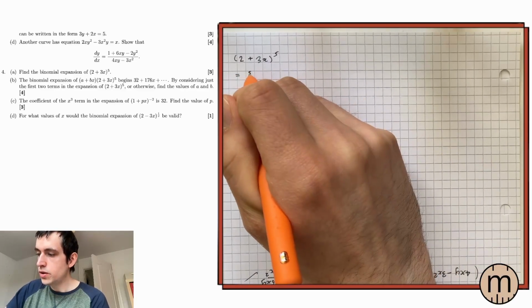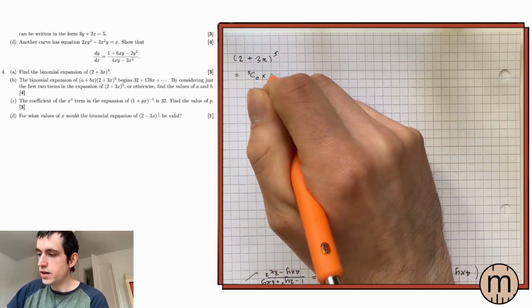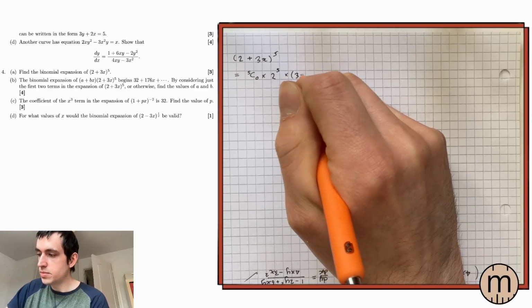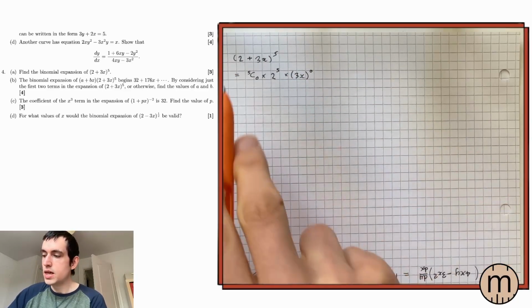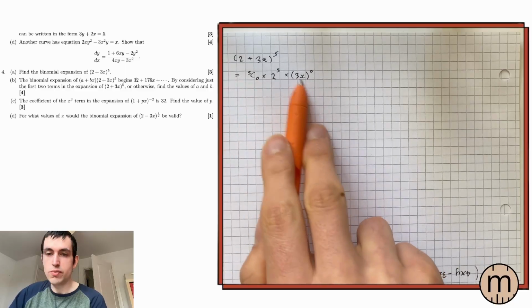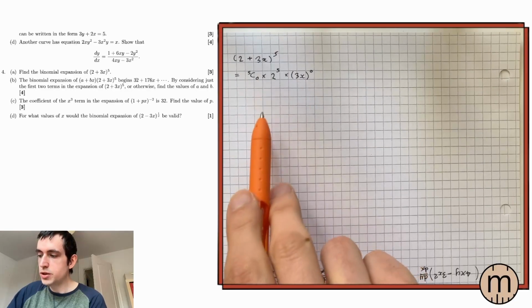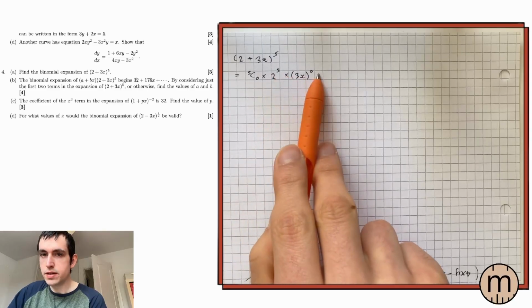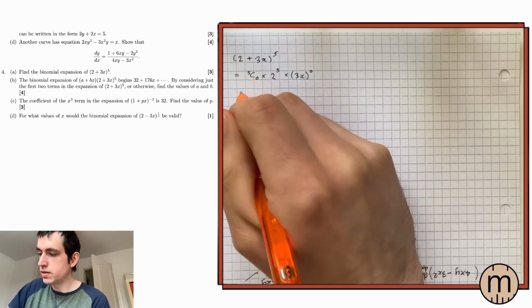We need to know that 5 choose 0 times the first term to the power of 5 times the second term to the power of 0 is going to give us the first term of the expansion. Now you don't really need this and you don't really need this because they're equal to 1, but it gives a nice pattern. You'll notice as we do more and more terms, these two numbers will add up to give 5, and this number will be going 0, 1, 2, 3, 4, 5, so in order.